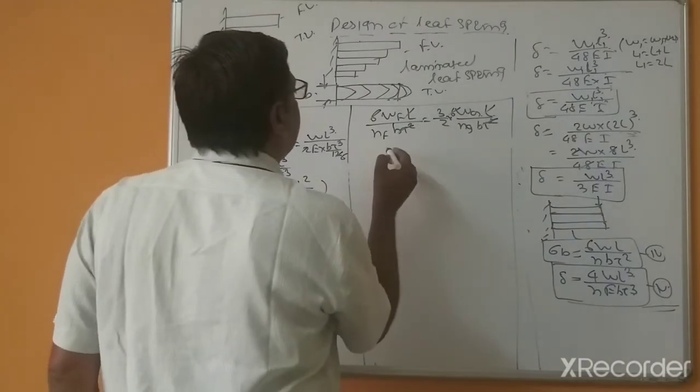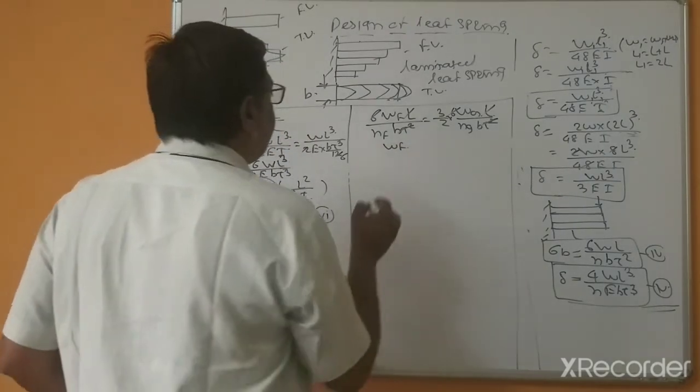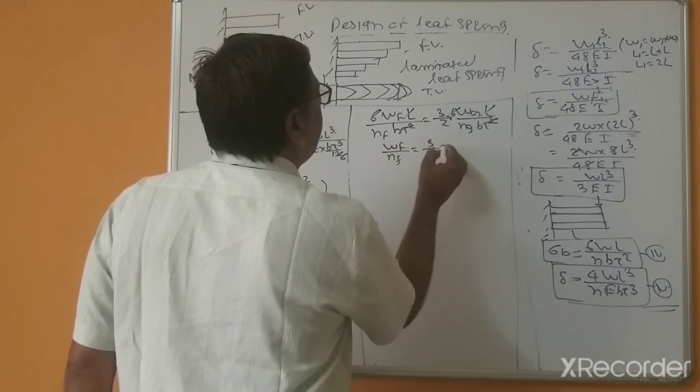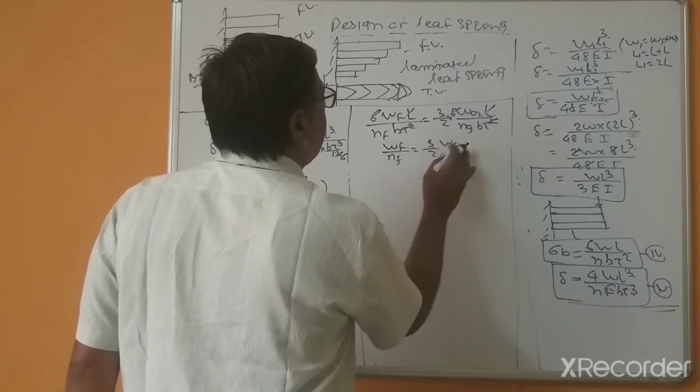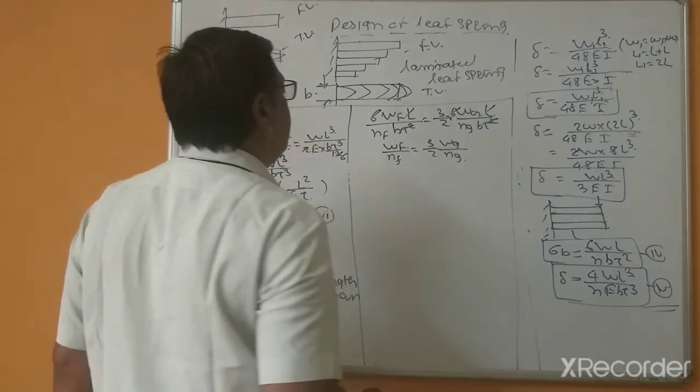So WF divided by NF equal to 3 by 2 WG divided by NG.